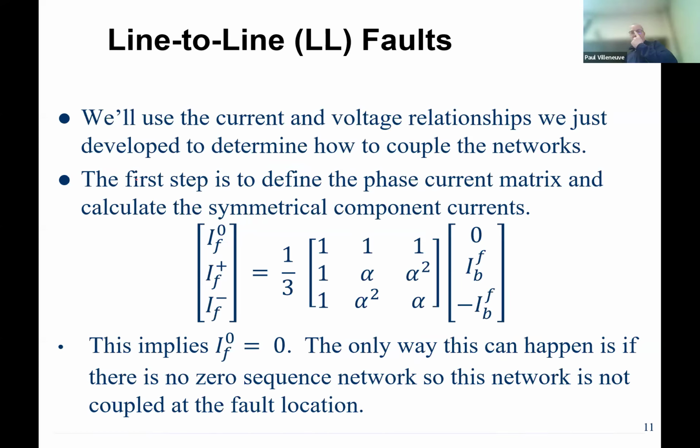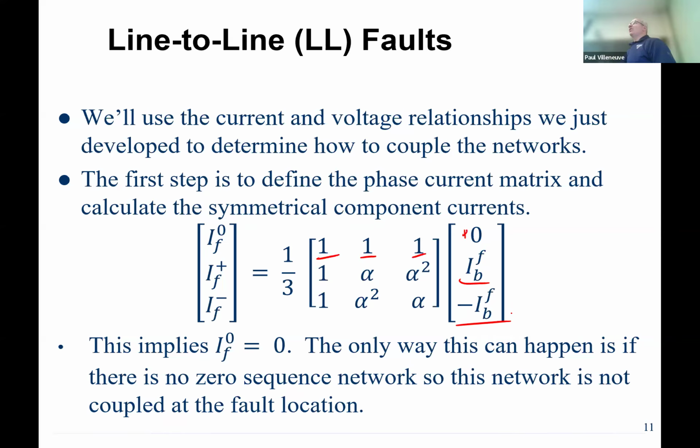So let's go ahead and run through our equation. And when we put in the fact that IB and IC are the same but in opposite directions, when we plug that in, hopefully you can see 1 times 0 plus 1 times positive IB plus 1 times negative IB, isn't that in fact going to be equal to 0? Won't those add up to 0?